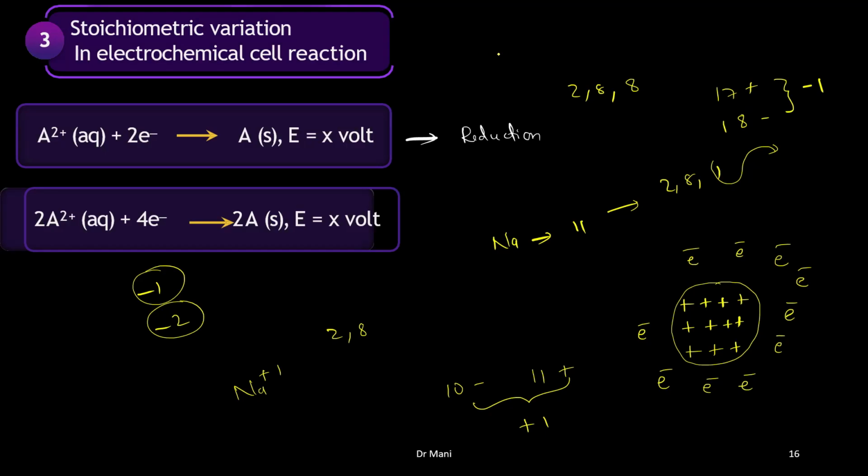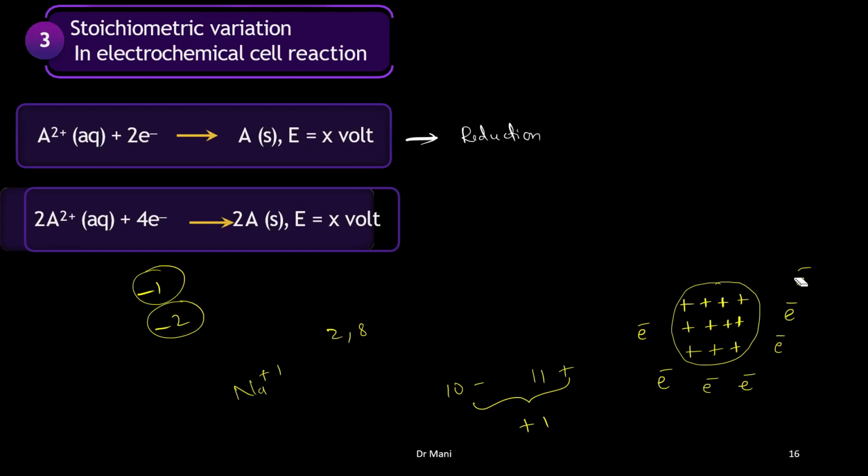When it gains 1 electron, chlorine becomes Cl-. Gain of electrons, or adding electrons, is called reduction. Loss of electrons is called oxidation. Oxidation results in a positive charge, and gain of electrons results in a negative charge. Clear? Yes, sir.